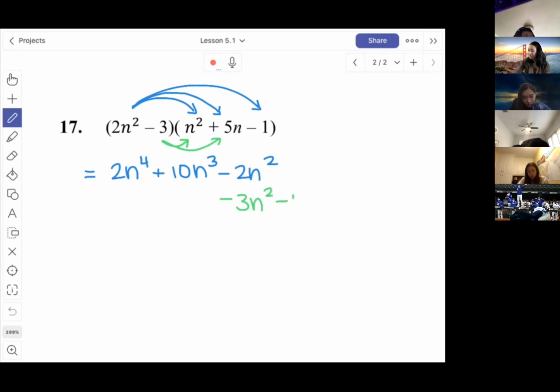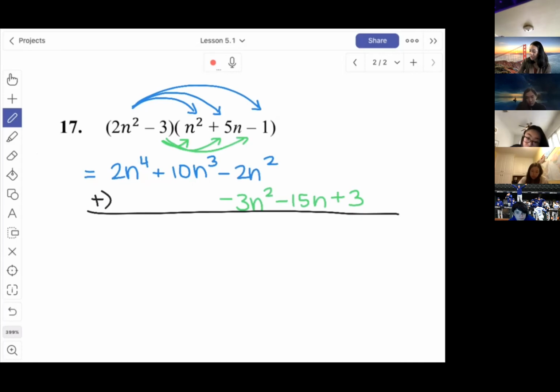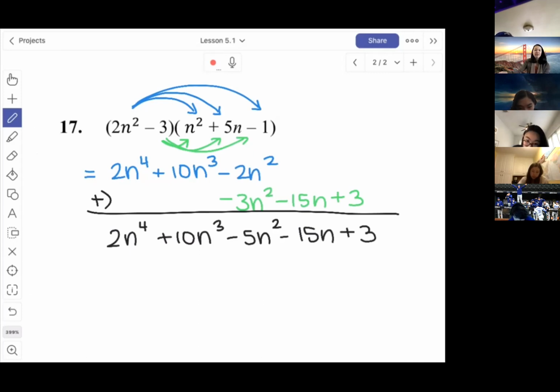Distribute, I get negative 15n. Distribute, I get positive 3. And now when I add that up together, I get 2n to the fourth plus 10n cubed minus 5n squared minus 15n plus 3. Final answer.